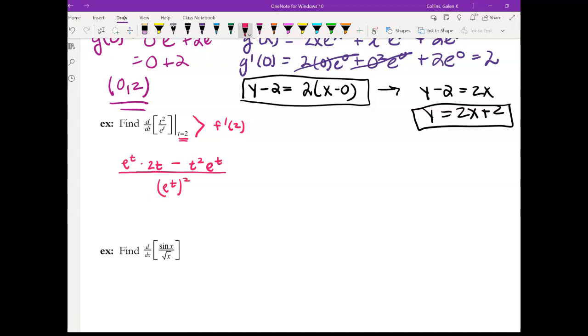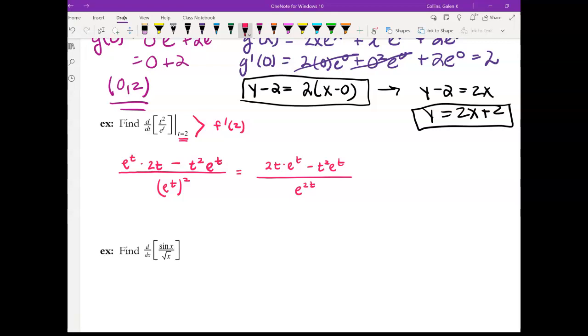Okay, if we wish to, we could rewrite this just a little bit. I think it's good to practice. So if I were going to clean this up, I might write 2t times e to the t minus t squared e to the t, all of that over e to the 2t. And remember, e to the 2t is the same as e to the t squared.